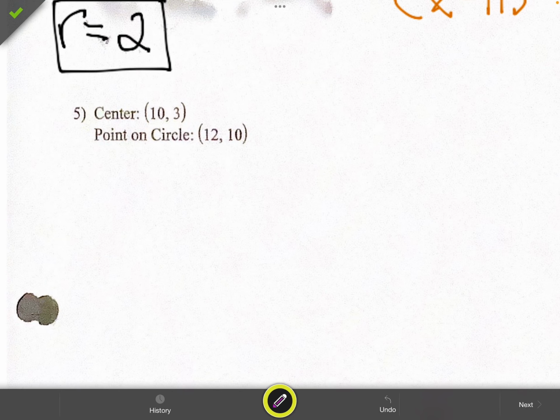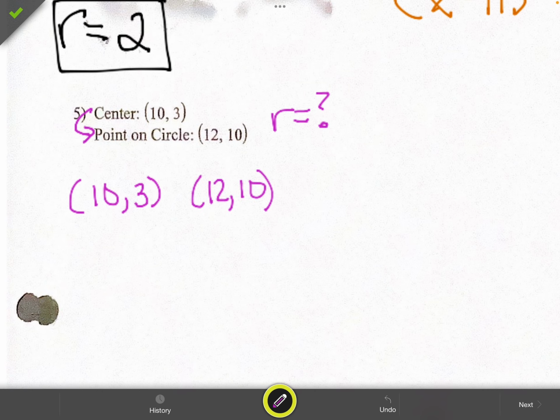All right, so again, they're giving us the center, they're giving us the point on the circle. We do not know what r is, so we have to figure that out, and we figure that out by using the distance. How far is it from the center to the point on the circle? So we have our 2 points, (10, 3) and (12, 10).